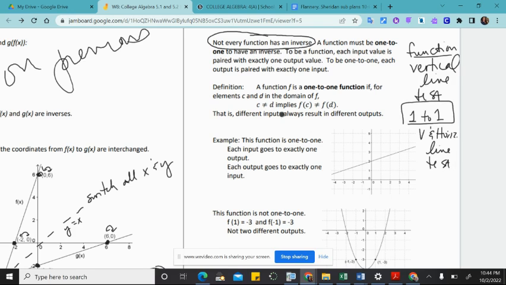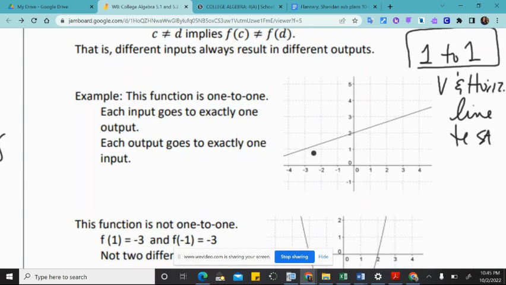Okay. And the way that this talks about that is it says, to be a function, each input, each x, has to have only one output or y. To be one to one, each output is also getting only one input. So the x's and y's don't repeat if you've got a list of them. So if we look at this real quick example, this function is one to one. Each input goes exactly to one output, right?